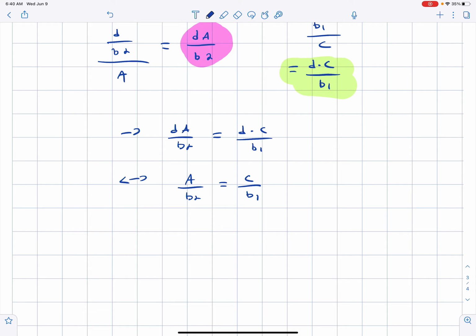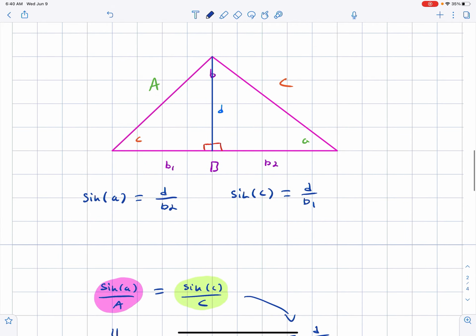If you just avoid that trap of staring at the page and actually write down the things that you're looking for and remember what you're trying to prove, because it's very easy to forget when you get lost in the computations, they actually just kind of work themselves out. Okay, so this is what I need. I need A divided by B2 to be equal to C divided by B1.